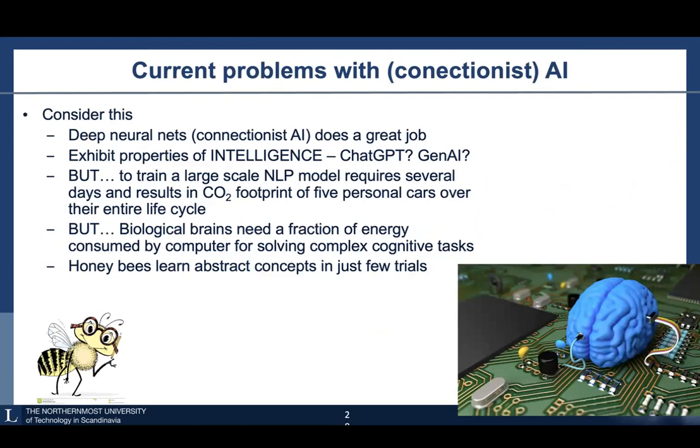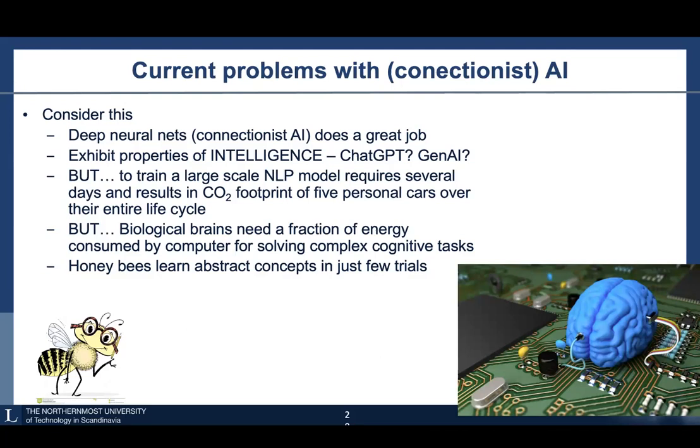So let us talk also about current problems. As I said, currently the most popular approach towards AI, and again, not without any reason, there are good reasons for that. If you look at the recent services based on deep learning models and large foundational models, they do a great job.